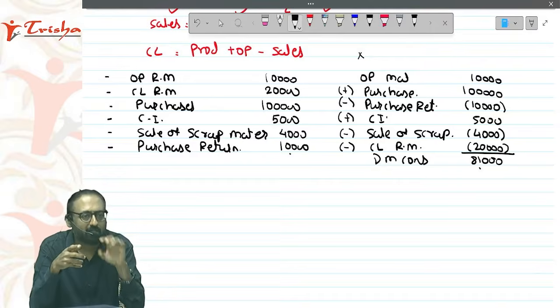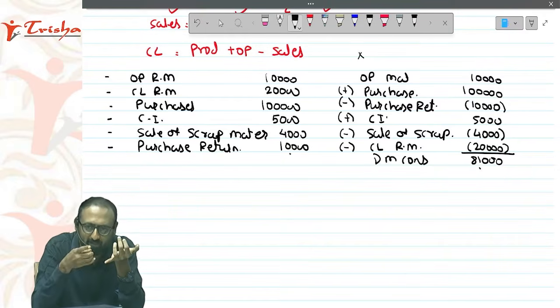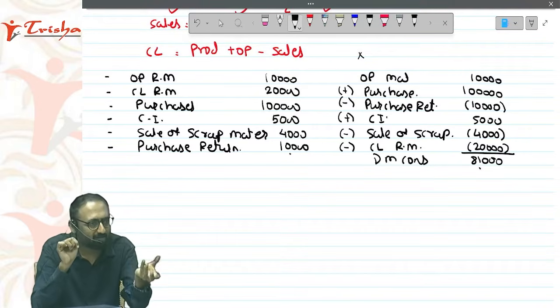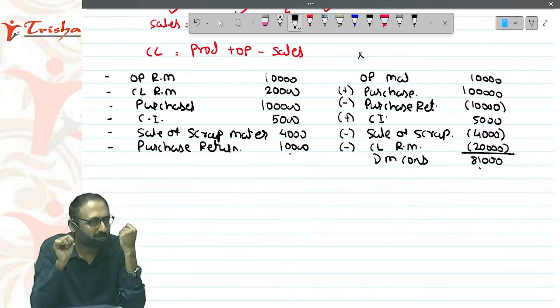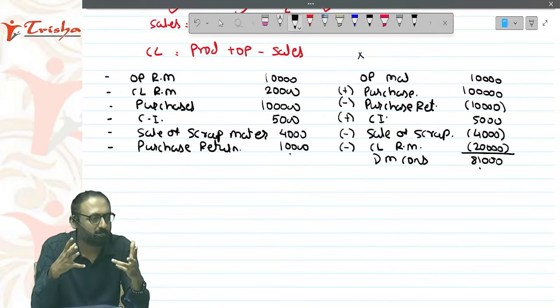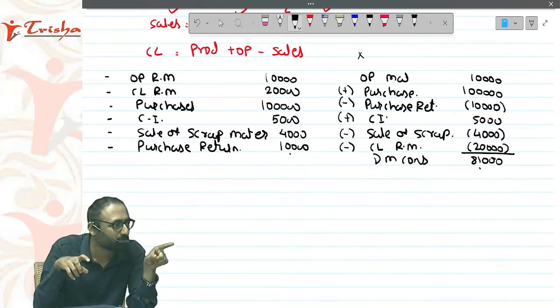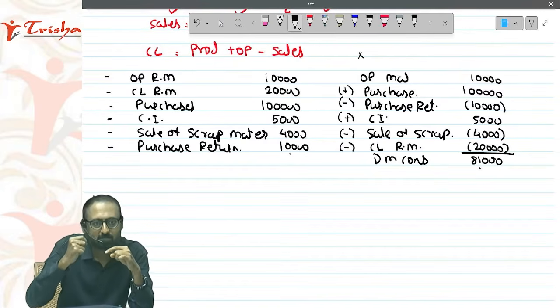Like contribution to the provident fund, contribution to state insurance, bonus received, overtime wages received, any other travel concession, travel benefit, health benefit, educational benefit, HRA, whatever allowances, whatever perquisite, whatever benefit is received by the direct worker, will be added in direct wages.